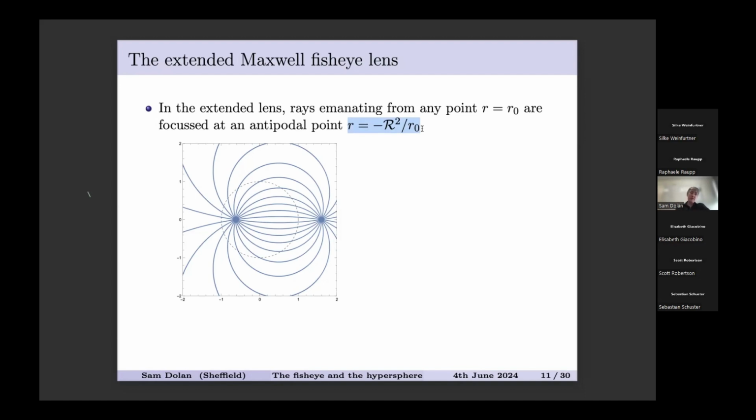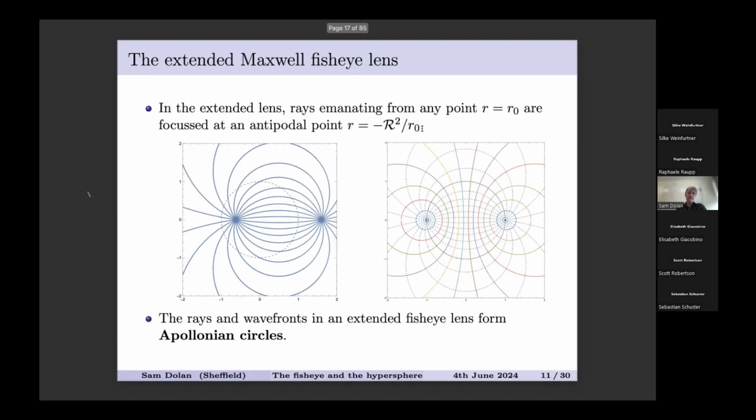So yes, this is hinting at some geometry, because we're getting focusing wherever we start at some antipodal point. I can also draw the wave fronts associated with these rays, with the picture on the right here.